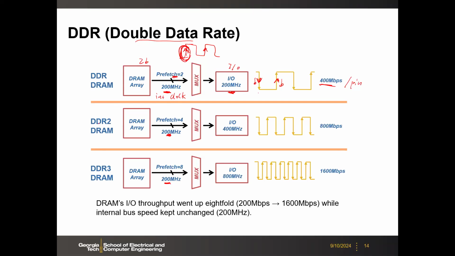Then in the recent generations, you can play this trick. You can further double the clock frequency at the I/O while keeping the internal clock the same. If you double this, then you can prefetch 4 bits, and then you burst out those 4 bits. This is the same as 1 clock cycle internally, but at the I/O, you get 4 bits out.